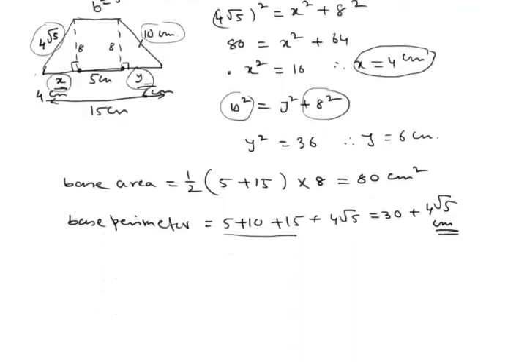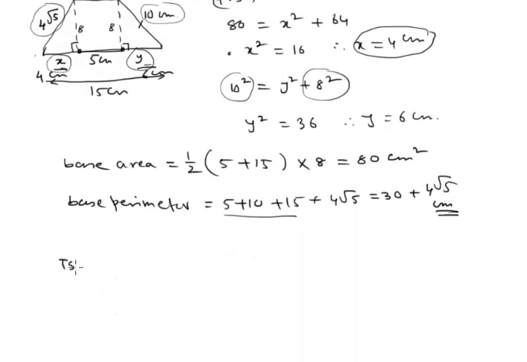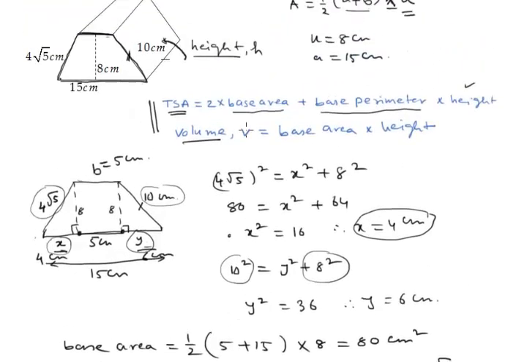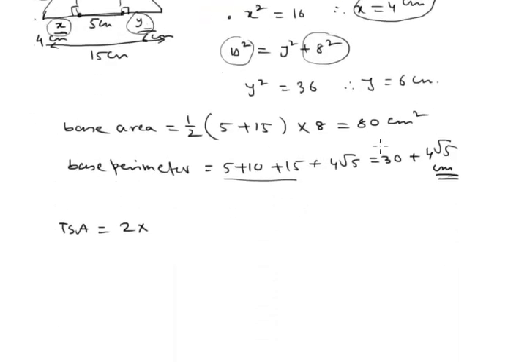Using these two formulas, we can find the total surface area and volume. Let us do that. So the total surface area formula is 2 times base area plus base perimeter times height. And here the height we found is 10 centimeter. Height of this prism is 10 centimeter. So 2 times base area, which is 80, plus base perimeter, which is 30 plus 4 root 5, times height, which is 10.